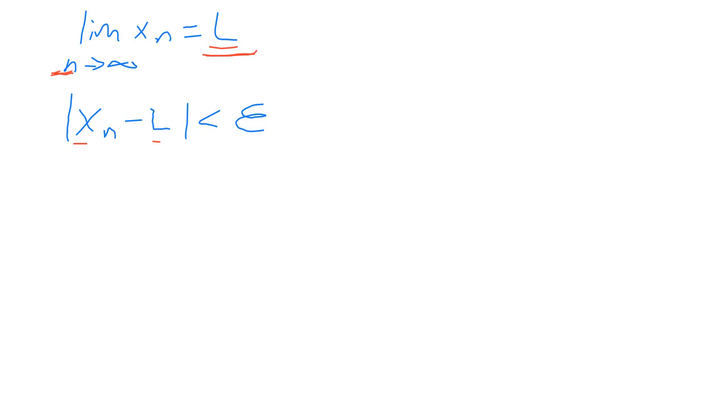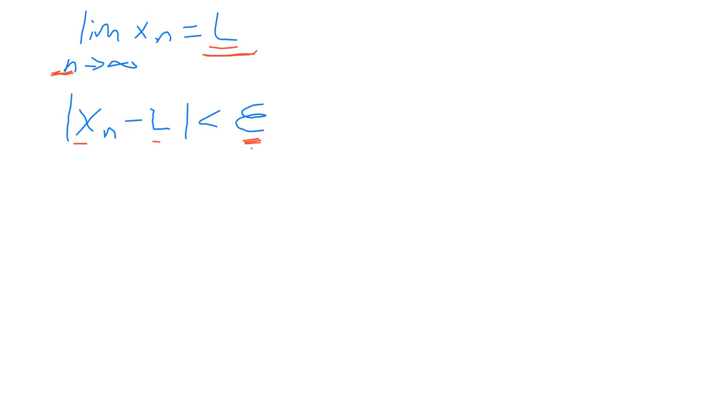So you see that it's going towards L. So you want to make this epsilon as small as you can. As epsilon gets smaller and smaller, in other words, as n gets large enough, the distance between x_n and L is very, very small, which is what the epsilon is right here.